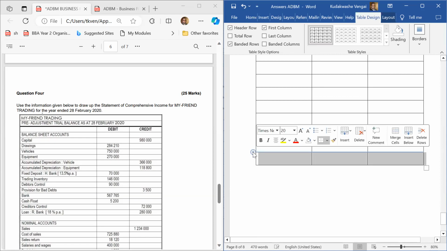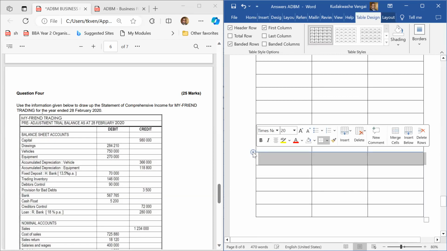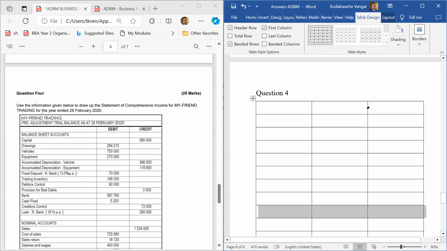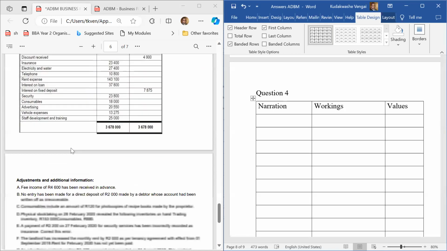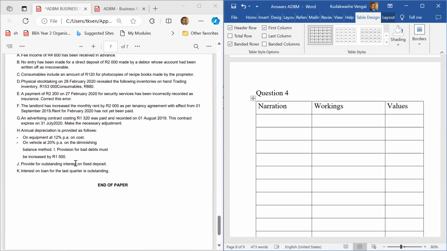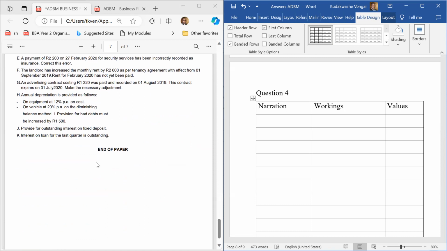So let's see. Right. So we're given here a trial balance and some additional information, and we're told to create a comprehensive income statement.